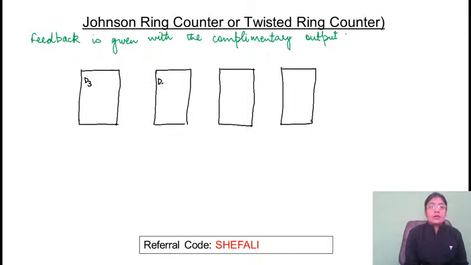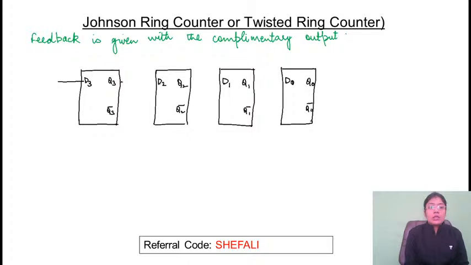This is a D flip-flop. This is also a D flip-flop. This is also a D flip-flop. So the outputs are, let's assume, Q3, Q3 complement, Q2, Q2 complement, Q1, Q1 complement, Q0, Q0 complement.